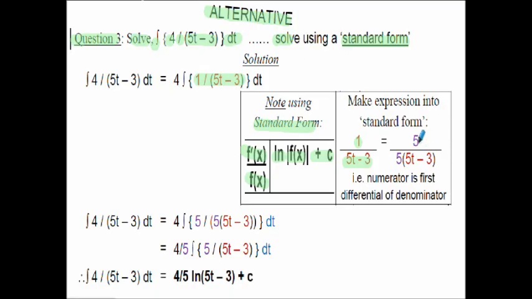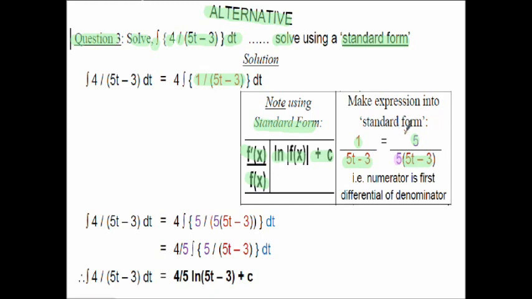So what I need to do is to multiply the top line by 5, so that when I differentiate the 5t minus 3 on the bottom line, I get 5. And that is the standard form. When you differentiate the denominator, you get the value of the numerator. But because I've multiplied the top by 5, then I must, in this case, multiply the bottom by 5, or else I affect the overall question, and I mustn't do that.